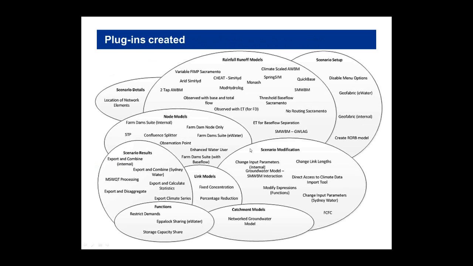So just a bit of an overview as to what we've done in our time playing around with eWater Source, from several versions ago all the way to now and continuing forwards. So we've developed a whole lot of different plugin types, from rainfall runoff models through modifying scenarios, setting up scenarios from the start, and also obtaining results as well.